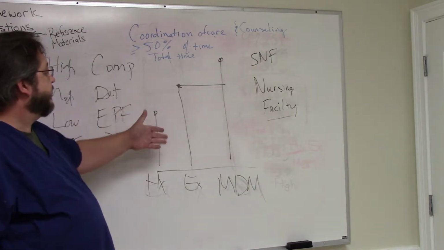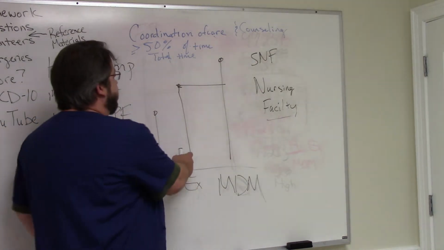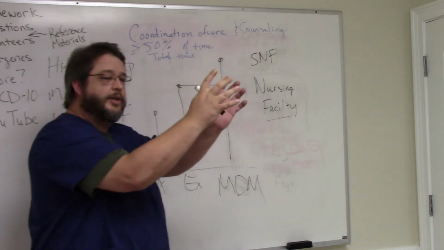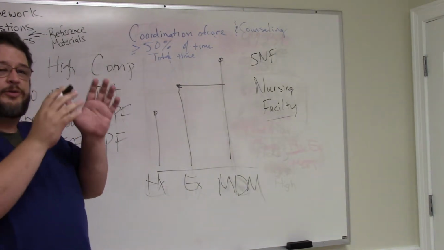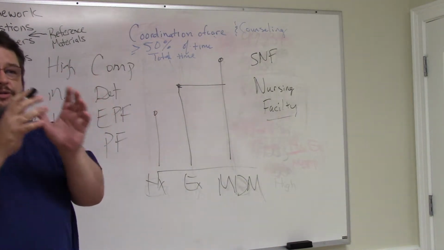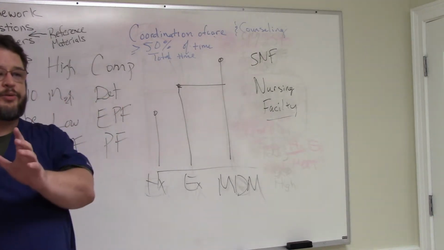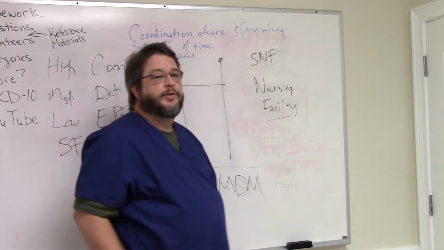Then you recognize that it's an established patient, so now you're looking at the 2 out of 3. The whole process is the same: locate where they are, new or established, or initial and subsequent, and then apply this.